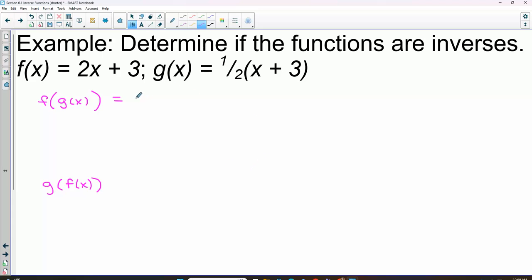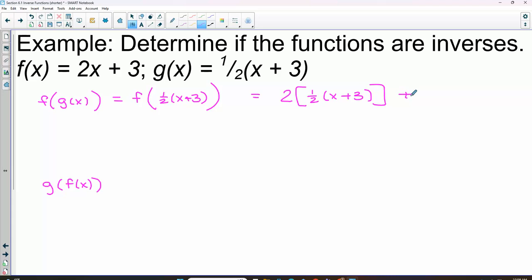So remember our compositions. You start on the inside. g is 1/2 x plus 3. And what's a composition telling me to do? I plug that into f. So you go to function f, and I'm replacing my x with 1/2 x plus 3.